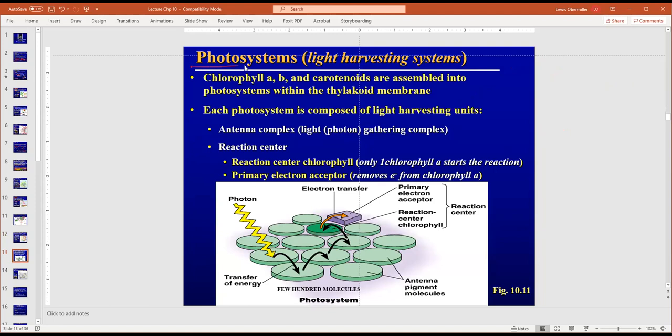Okay, so we have photosystems. These are light harvesting systems. They involve chlorophyll A. Remember, that's the main one that gets the light energy. B and carotenoids are like the satellite dish that focuses the light energy onto A. And they're assembled together in a thing we call the antenna complex, because it's like an antenna. So all these light green ones, the artist drew it as light green because that's the color of chlorophyll B. So chlorophyll B are all these light colored discs.